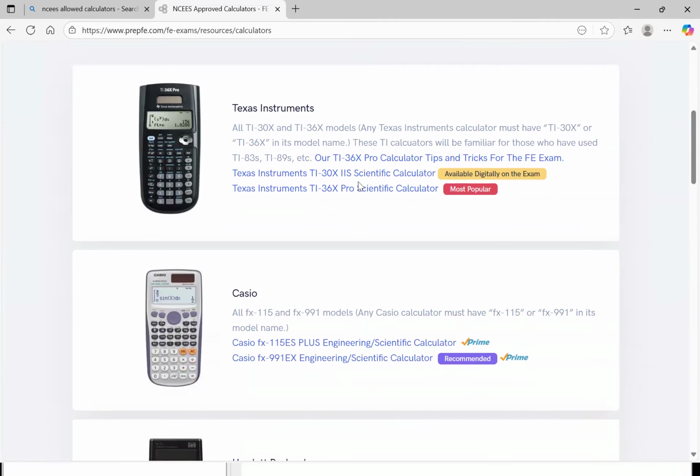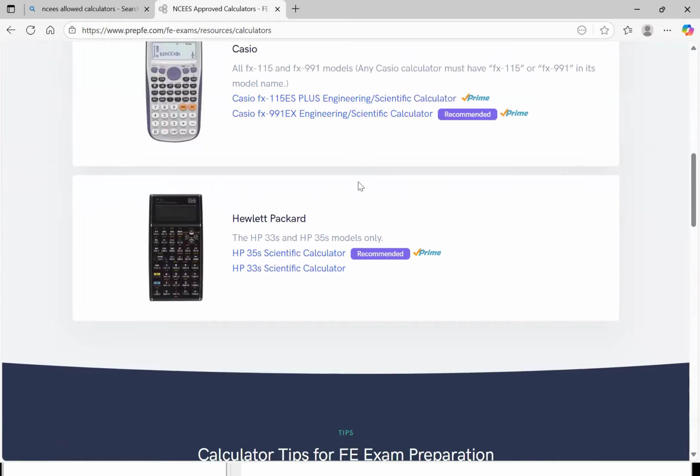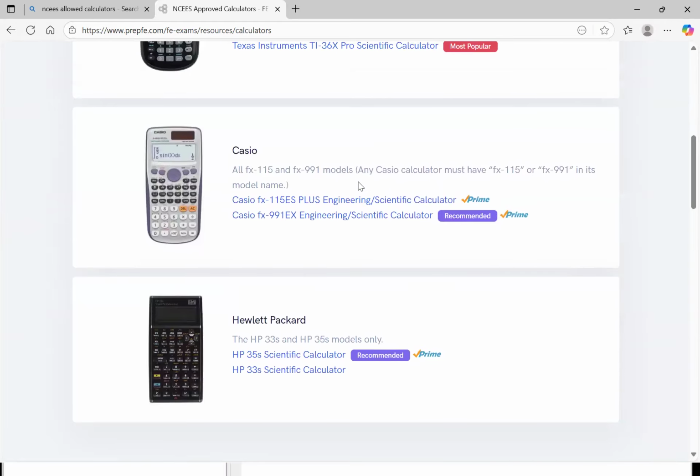Casio, HP. That's it. Those are the calculators you can bring. So if you want to use a TI-89, that isn't on the list. You walk in and the proctor will say, let me see what materials you're going to have out. You bring out your fancy calculator, and they say, no, you're not bringing that in. You have to leave it in your backpack or whatever outside.